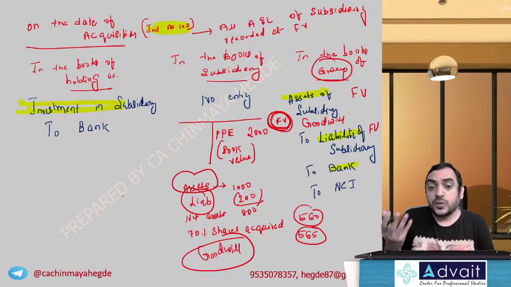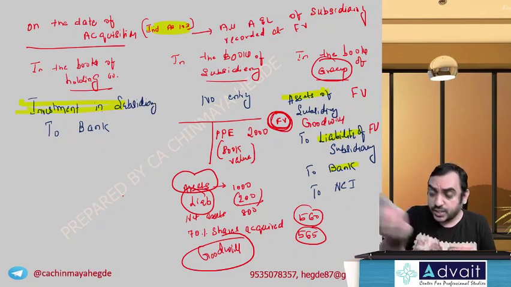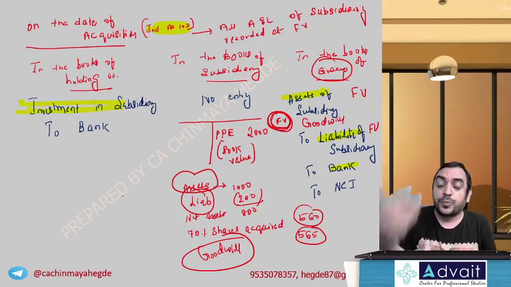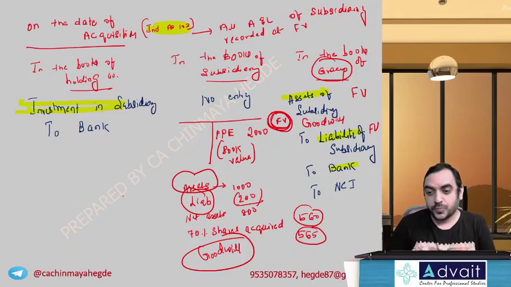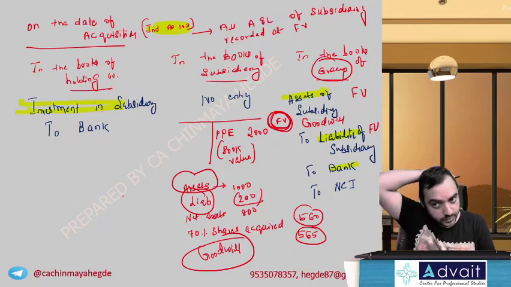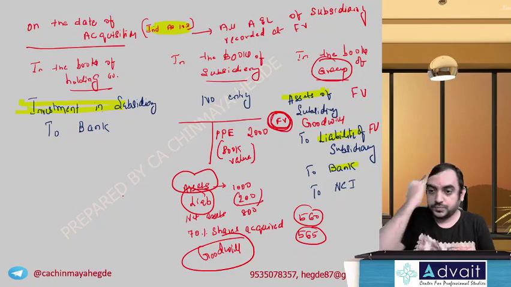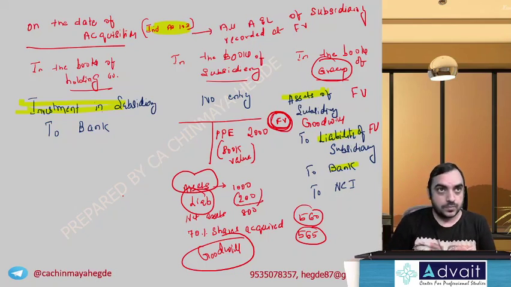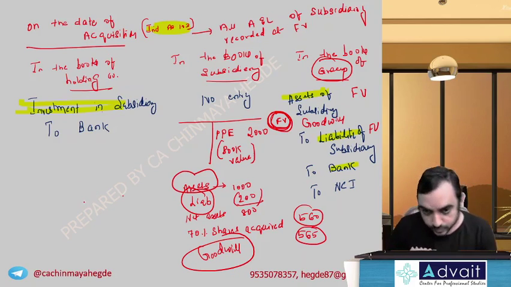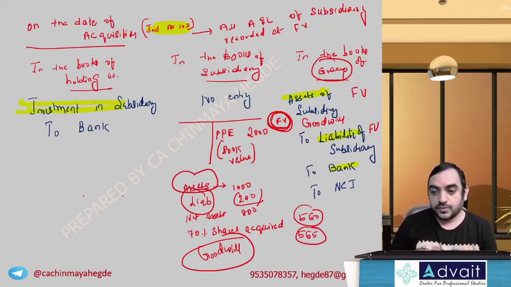So in the exam also, they'll give you the holding company balance sheet, the subsidiary company balance sheet, and you have to prepare the group. Okay, hopefully you got it. Okay, I'll go further. Hope you have taken it down.